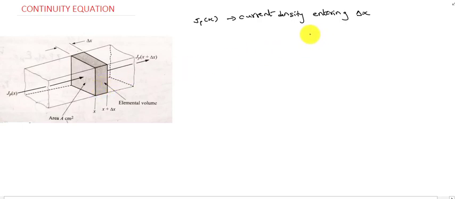So the current density entering the delta x volume is Jp of x, and Jp of x plus delta x is the current density leaving the delta x volume.